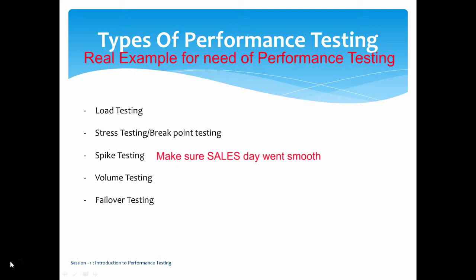We want to launch an offer like 20% or 50% discount on some XYZ credit card, right? Now let's look at what happens whenever we open it for everyone at 12 o'clock noon. There will be sudden traffic at 12 o'clock on our application Amazon.com, right? To handle this kind of situation, we will do spike testing.